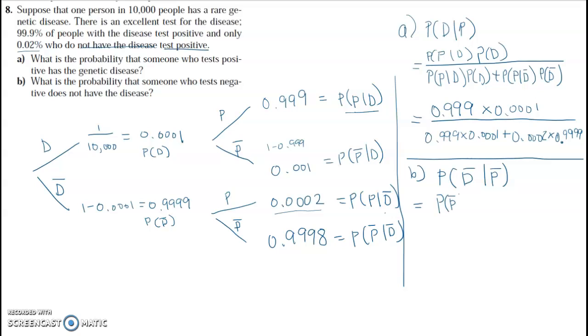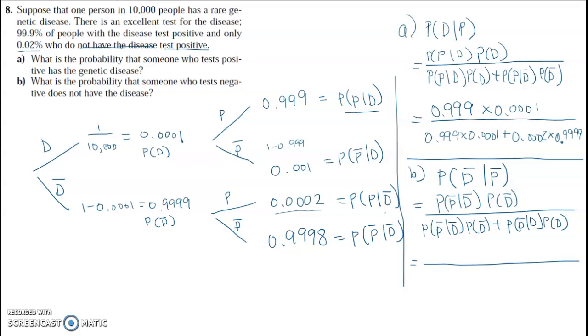So this would be the probability of not P given not D, times the probability of not D, all over the same thing, plus the probability of not P given D, times the probability of D.